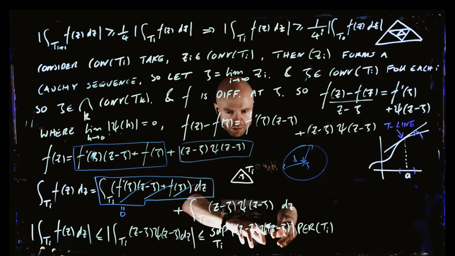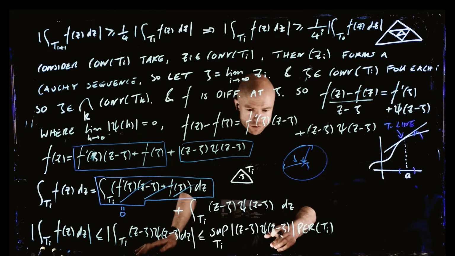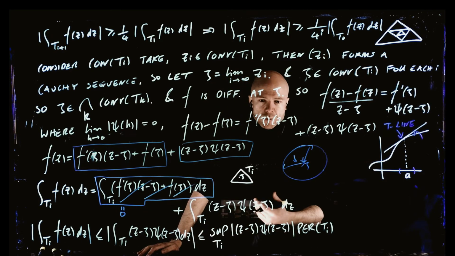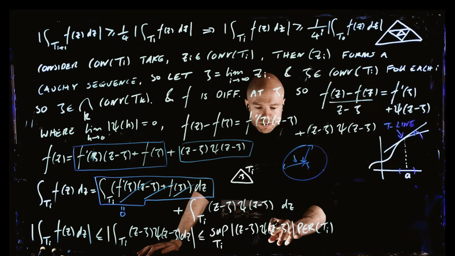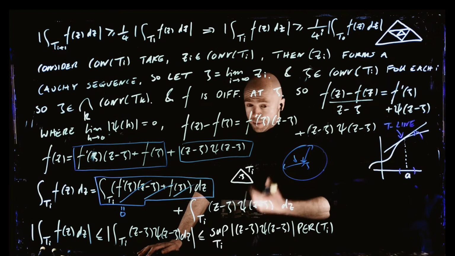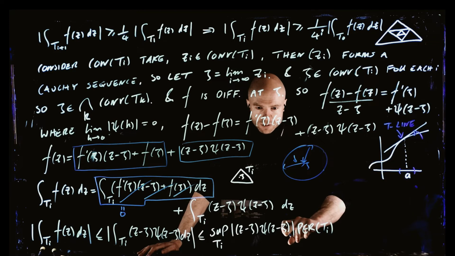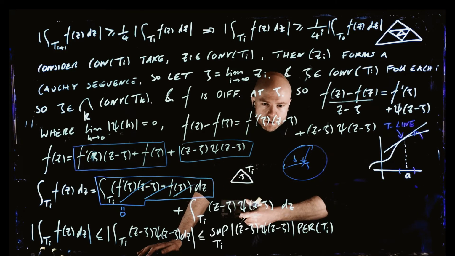And then this thing is pretty small, right? This thing is pretty small, yeah? And this thing can be as small as we like by insisting that i is as big as we like, right? Because as z gets closer to zeta, then phi goes down to 0, yeah? So differentiability, that's what this thing is, yeah? So this thing we can make as small as we like, yeah? So if we choose any epsilon we like, we can find an i such that this guy here is less than epsilon for every i bigger than the natural choice of i, yeah?